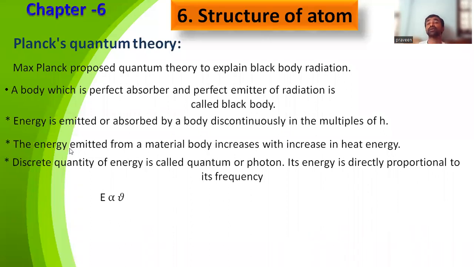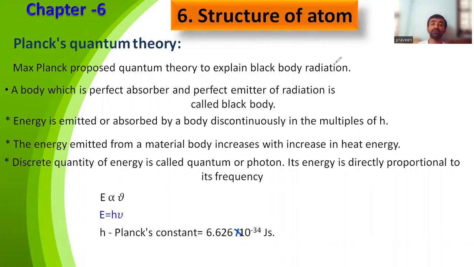That proportionality constant is Planck's constant, given by the letter h. The h value is taken as 6.626 × 10^-34 joule second.